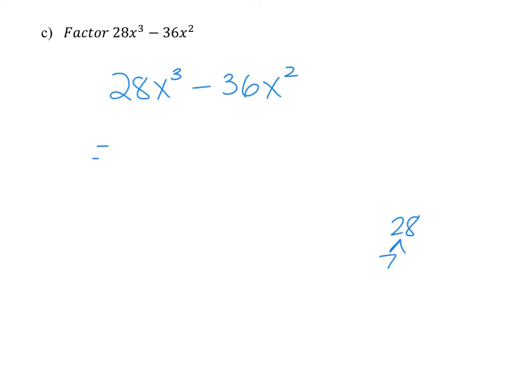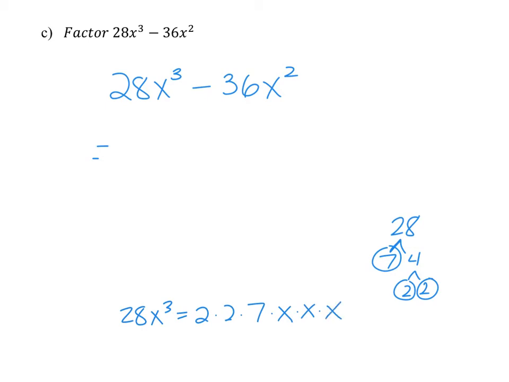28 I know is 7 times 4. So that's going to be 2 times 2, right? Okay, so we have 28x cubed is 2 times 2 times 7 times 3 x's, right?